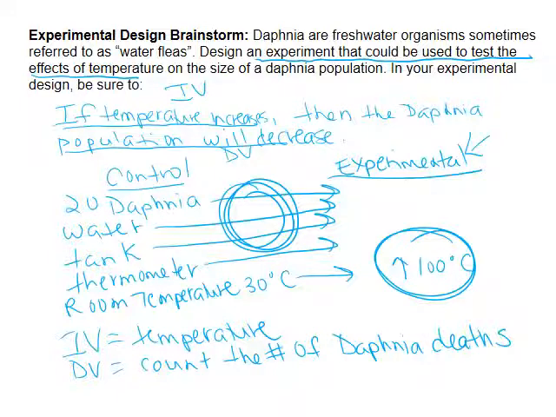Okay, you can also be more positive and you can count the amount of Daphnia that survive the 100 degree Celsius. The last question is identify the type of data that will be collected. That is going to be your dependent variable. And I hope this helps.